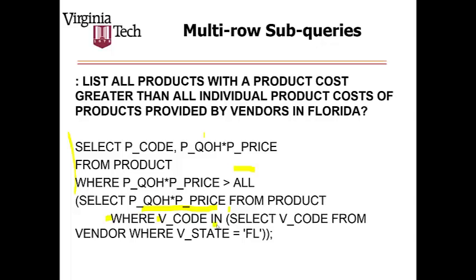In wants this list of V codes, since we have a V code on the left of our in. So then we have select the V code from vendor where the state is Florida. So that's going to give us a list of V codes from vendors who are in Florida. And then this part of the first subquery is going to calculate the price for all of those V codes from Florida.